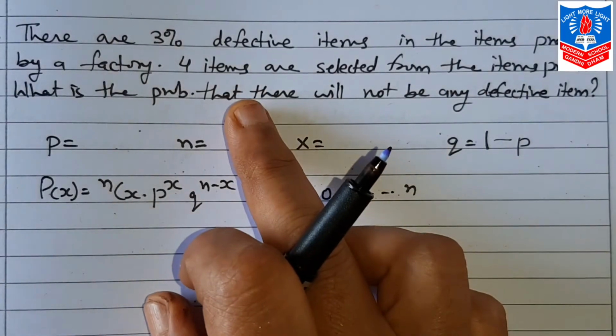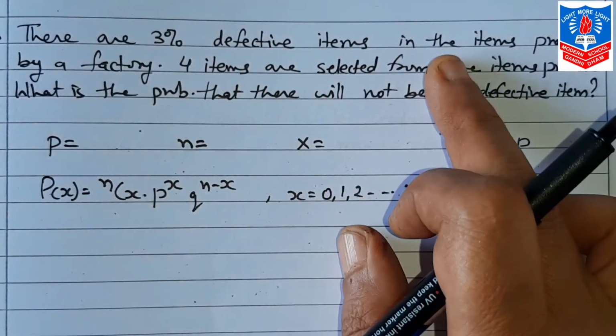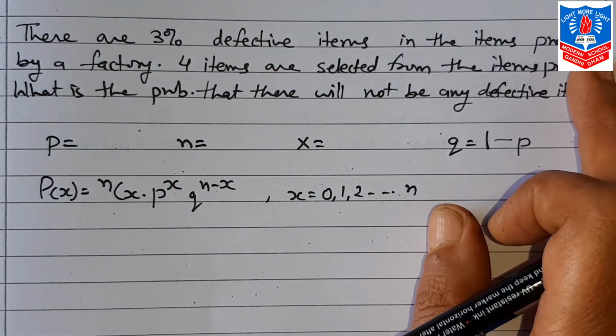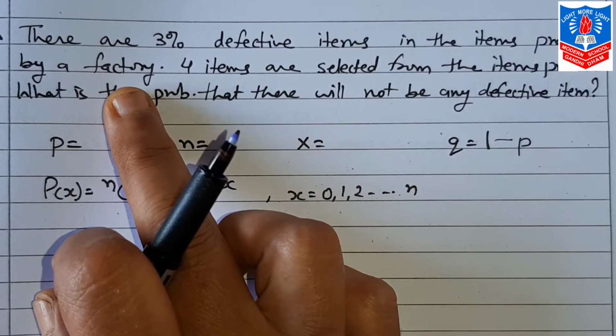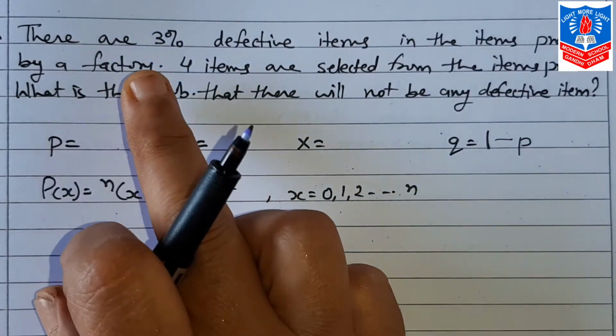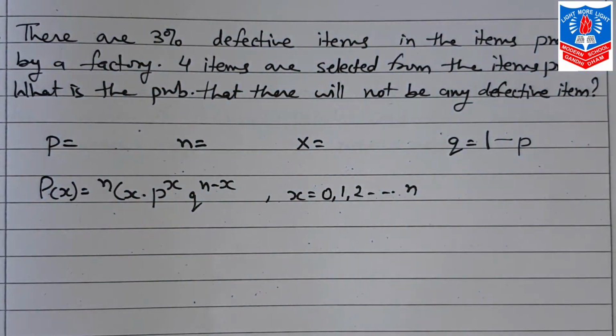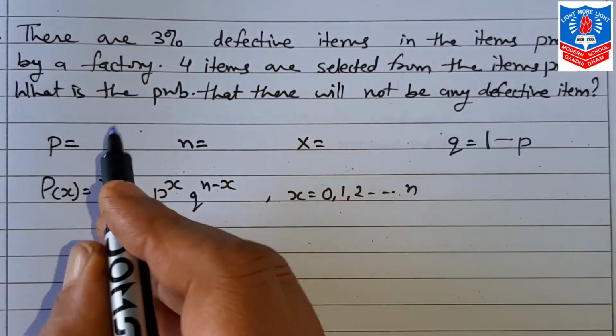Now here it is given there are 3% defective items in the items produced by a factory. So here which P value will it be? It is given 3%.